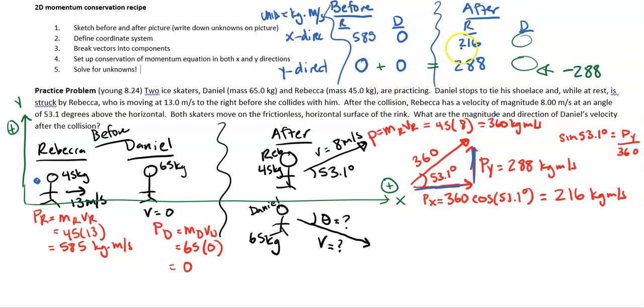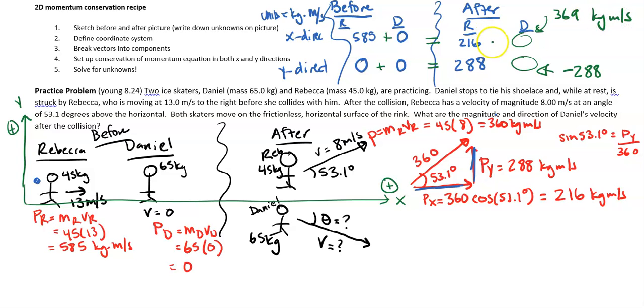Okay, so now let's look at the X direction. Initially, between Rebecca and Daniel, there's 585. Afterwards, Rebecca has 216 kilogram meters per second. So Daniel has to have whatever is left afterwards. That's 585 minus 216, which I get when I do that math, 369 kilogram meters per second.